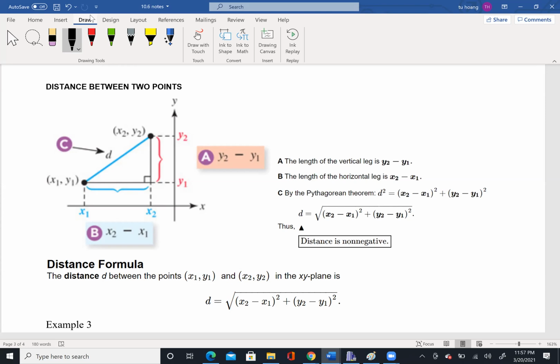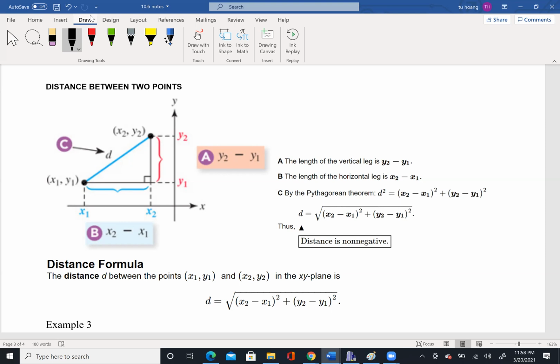For example, here we have a right triangle. The first point is x1, y1, and the second one is x2, y2.